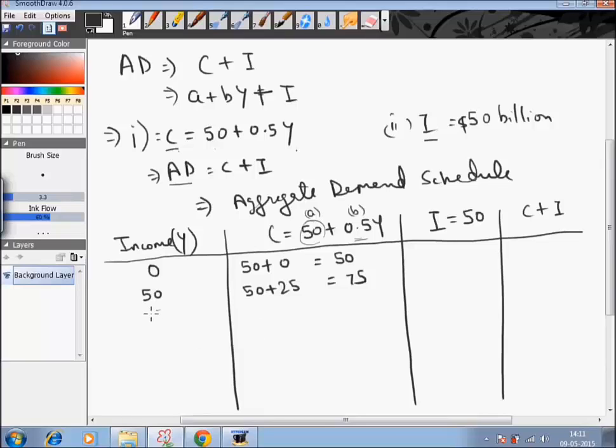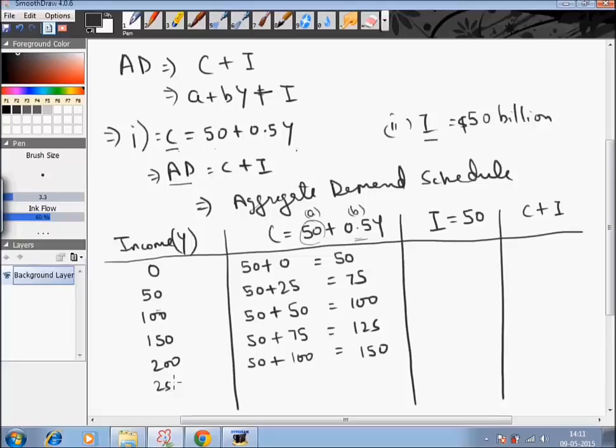Then suppose the value of income increases to 100. 50 plus 100 into 0.5, which is 50, equals 100. Suppose it increases to 150, then 50 plus 150 into 0.5, which is 75, equals 125. Then if we assume the income to be 200, 50 plus 200 into 0.5, which is 100, will give us 150.